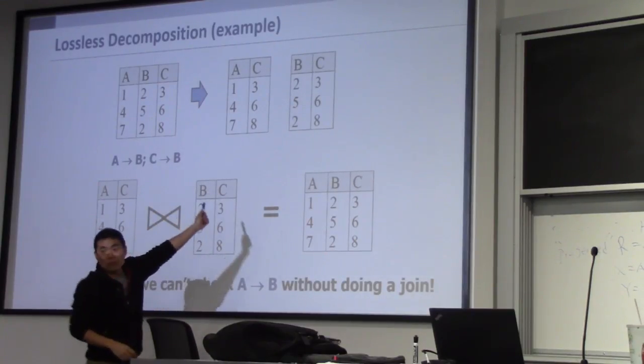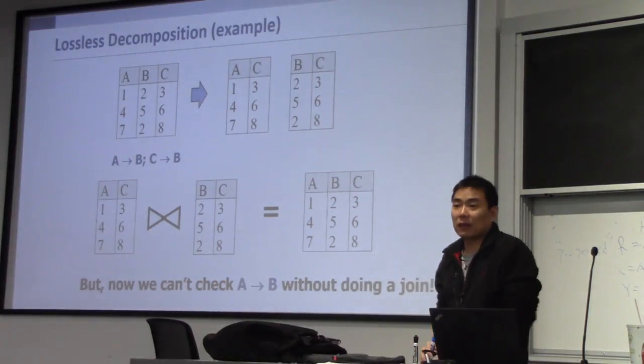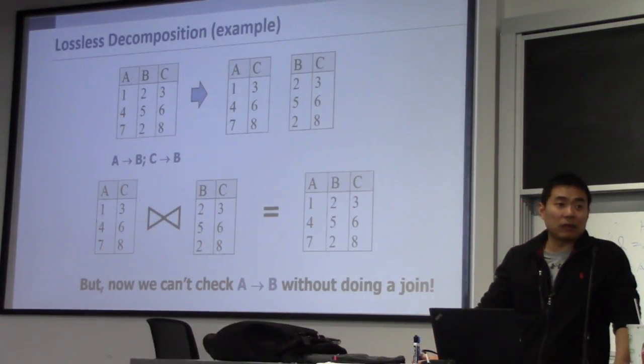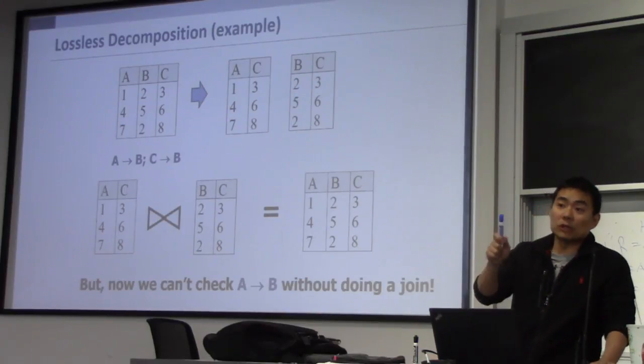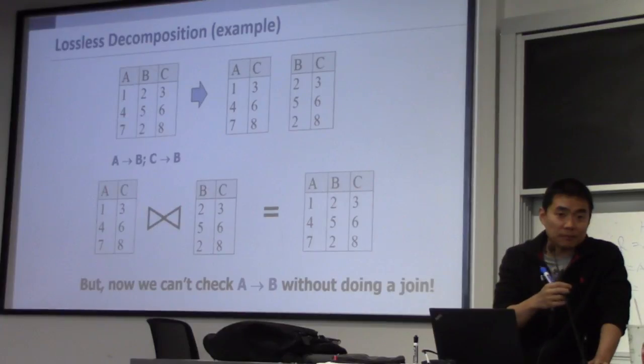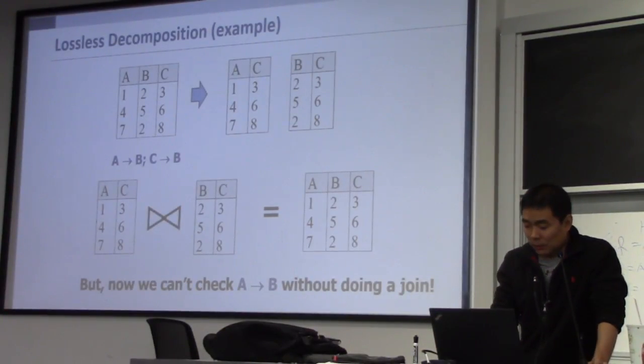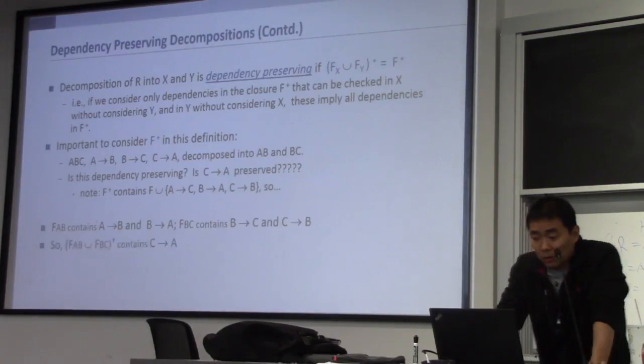And you stop. At this point, they are already in BCNF, I stop. I do not have to decompose any further. However, what do you notice? This is not dependency preserving, as we said. This is not dependency preserving. So what do we do?